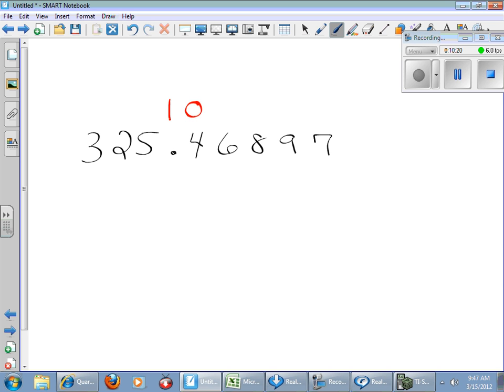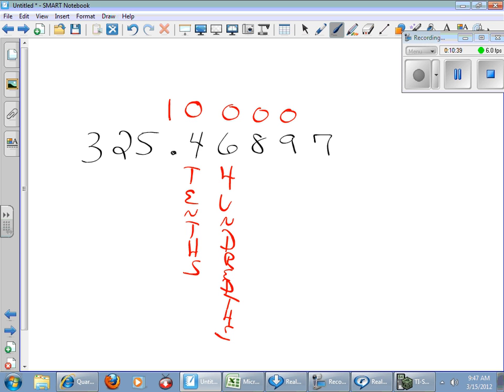So the 4 is sitting in the tenths place because you see there's 10 there. That's the tenths place. The 6 is in the hundredths place. Okay, and then the thousandths, the 8 is in the thousandths, the 9 is in the 10,000ths, and the 7 is in the 100,000ths, and it continues on that way, so on and so forth.